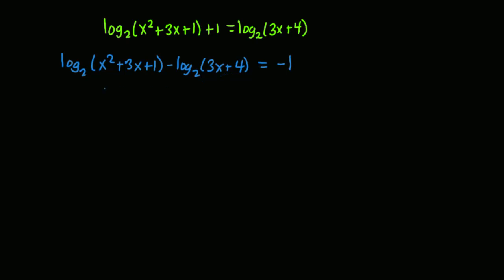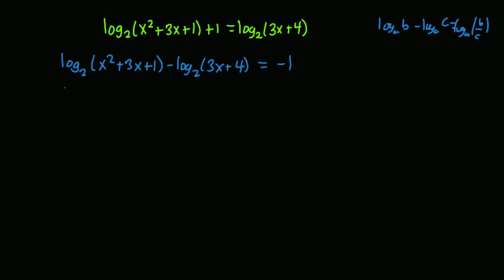Then after that, I'm going to apply the properties of logarithm, which says that if you have log A B minus log A C, this is the same as log to the base of A of B on C. So you divide. Because they have the same base, I'm just going to pick one of them and divide the two.